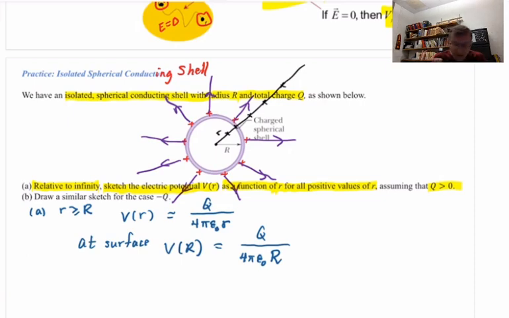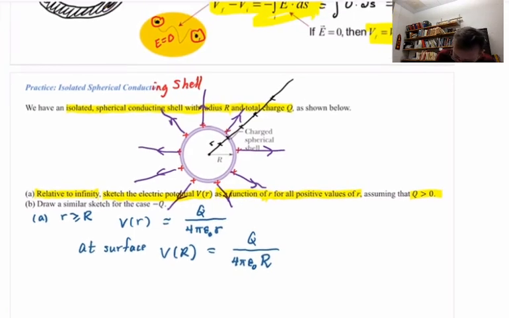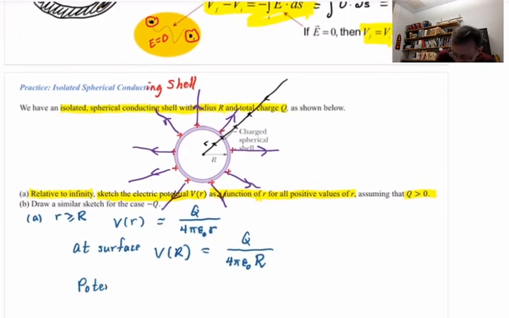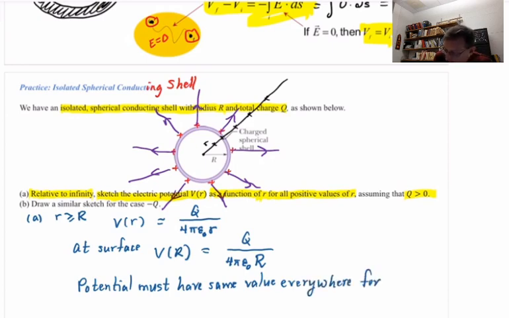Okay? And so the potential must have the same value everywhere for little r less than or equal to big R. Because from there on in, you're starting on the surface of the conductor and you're going in, and it must all be an equal potential.